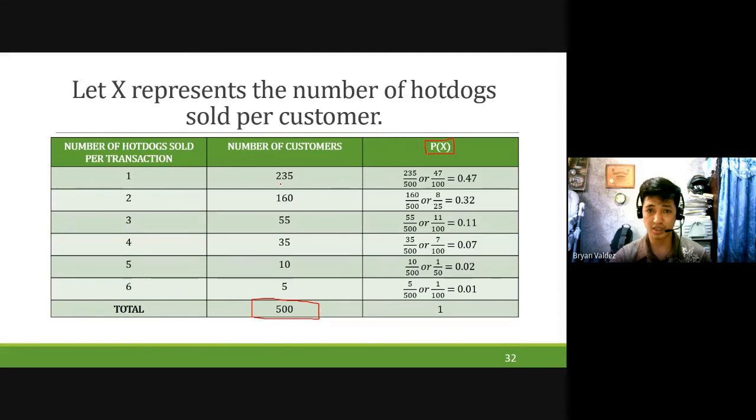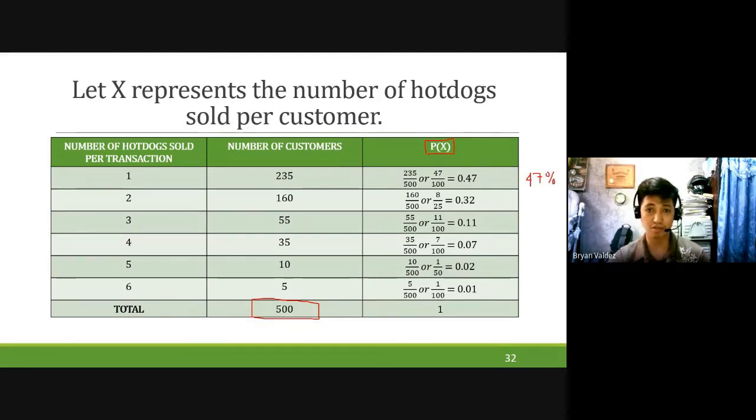So dito, based on Mary's records, 235 customers yung bumili over 500. So 235 over 500, so that is 47 over 100 in lowest terms. Convert into decimal, 0.47, convert to percentage, that is equivalent to 47%.